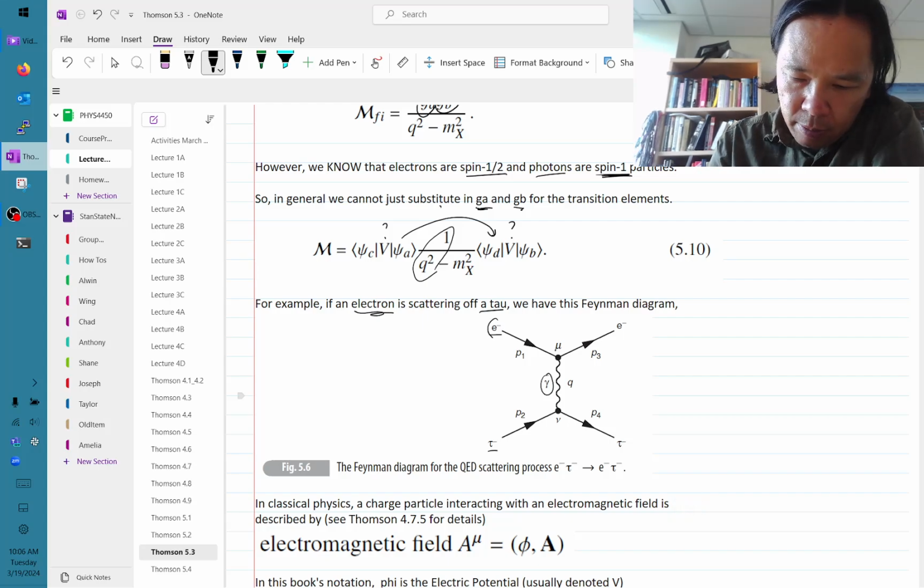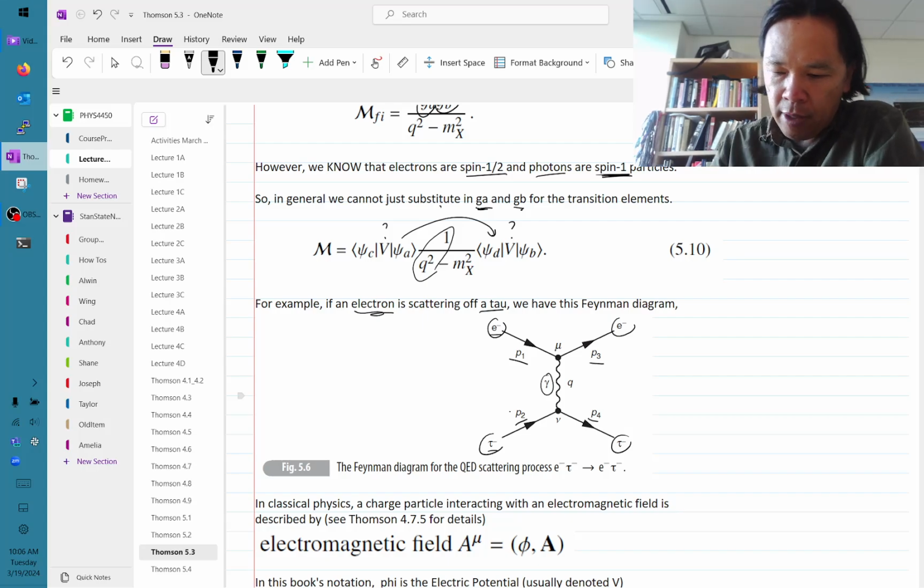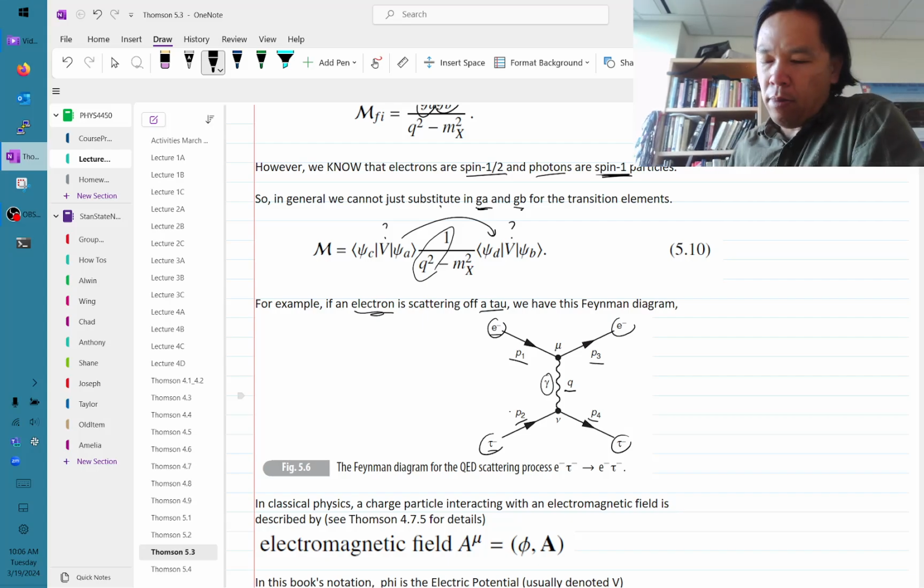So these are the particle names: tau, tau, e, gamma. Here they also label p, the momentum of particle 1, momentum of particle 2, momentum of particle 3, momentum of particle 4, and momentum of the particle being exchanged, the photon.